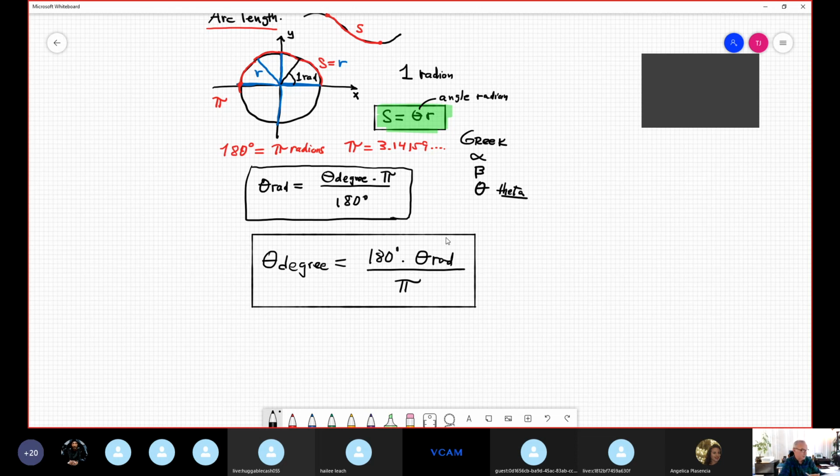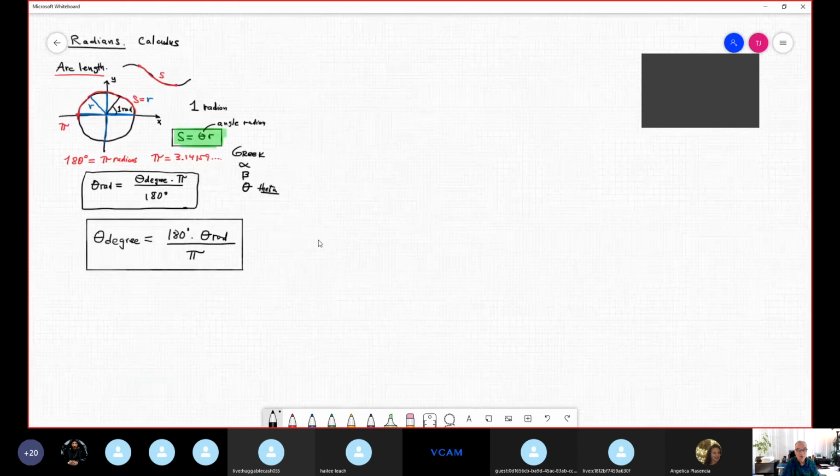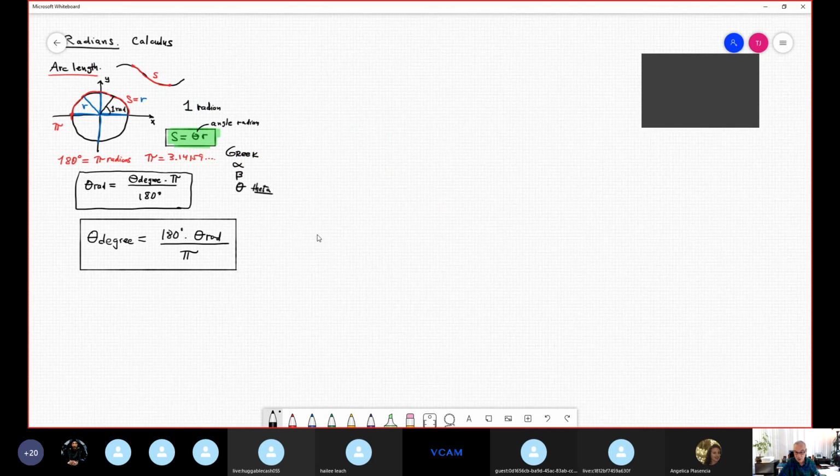Let's see a couple of examples to understand that formula very well. Example of the conversion radian to degree. So far you are studying two different ways to express the angle.